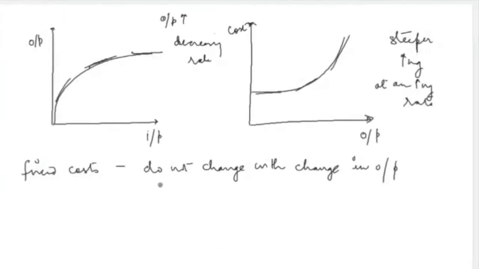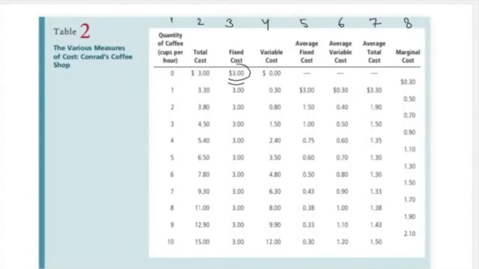Variable cost, on the other hand, is something that definitely changes as output changes, and that is quite obvious. Variable factors are factors where, basically, you can talk about labor, which is a major example of variable inputs. So as you keep on increasing the amount of labor in the production process, your variable cost will increase, and that is quite evident from this table as well.